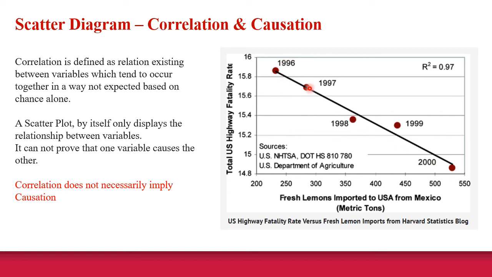So it looks like there's a relationship between highway deaths and the number of lemons we're importing from Mexico. It plots on a straight line. So mathematically this makes sense, right? But the problem is that just because something is correlated like this doesn't mean one causes the other. It could just be happenstance, right? So you have to be real careful with scatter diagrams.